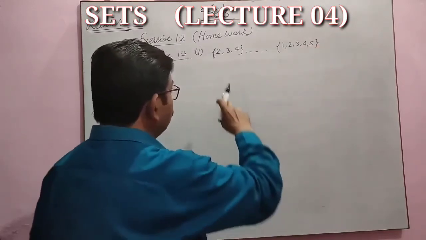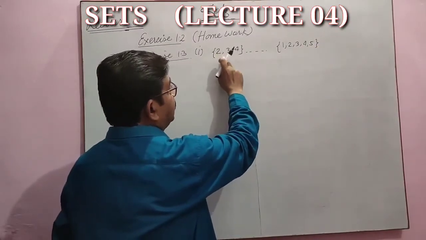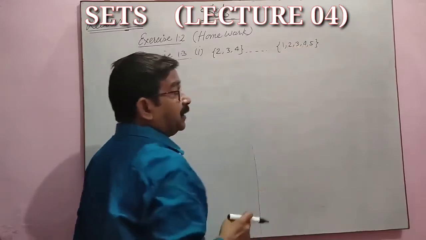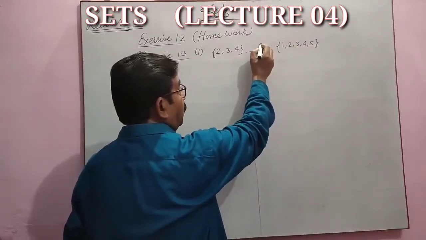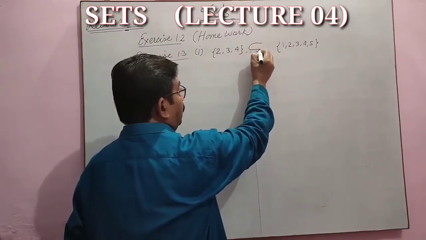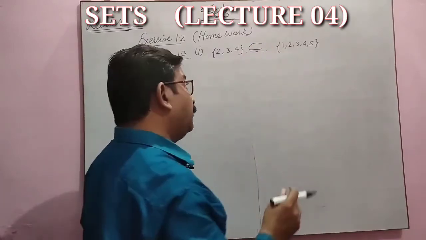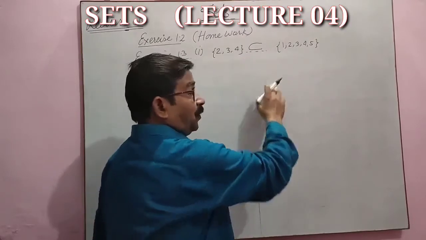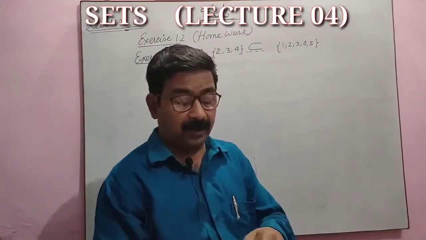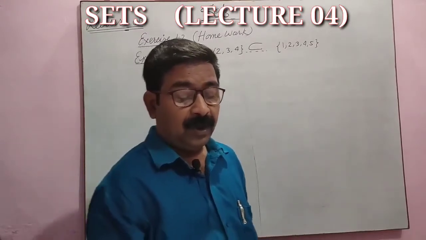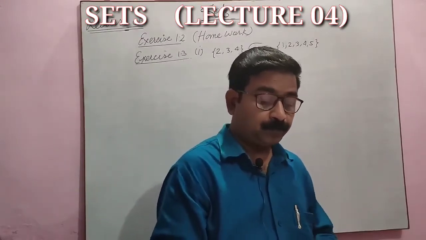See, all the elements of this set are found in this one. It means {2, 3, 4} is a subset of this. So you will fill in the symbol subset. If all the elements are not found, you will write not subset, and you will cross the symbol. Got it?